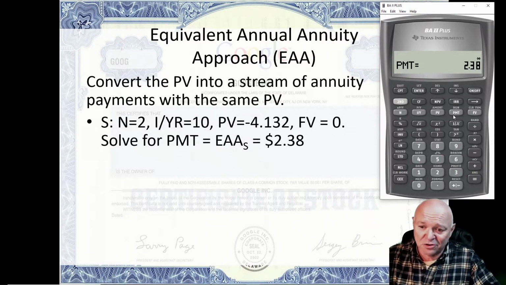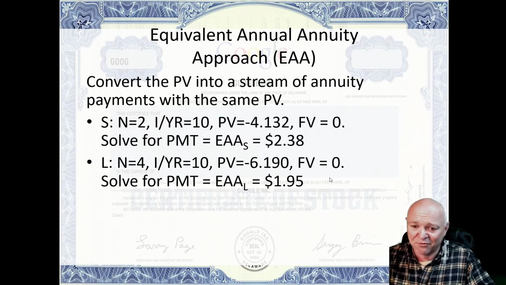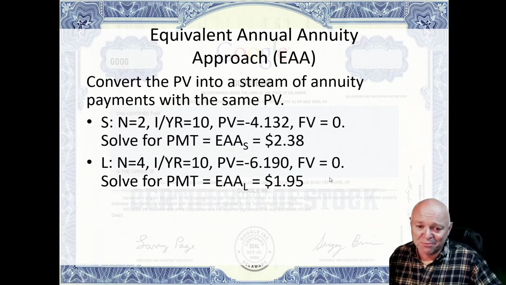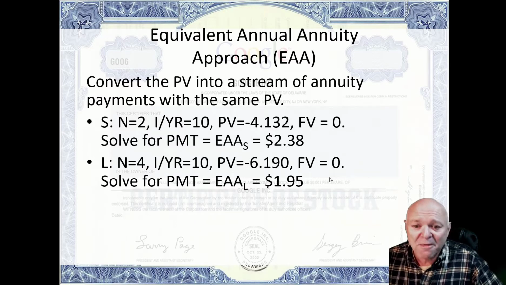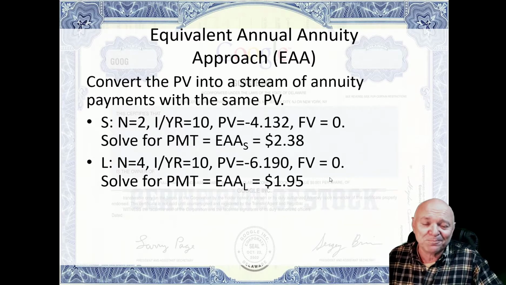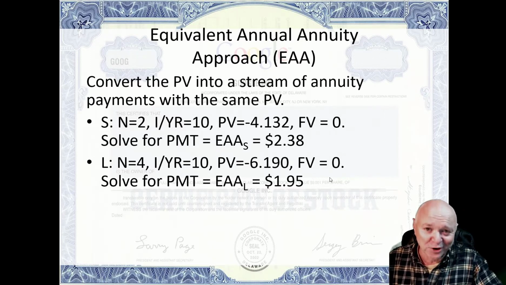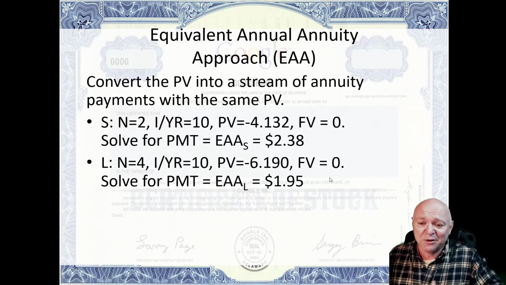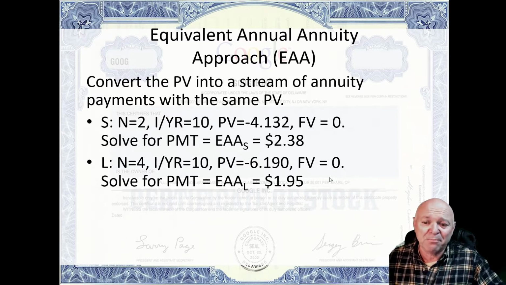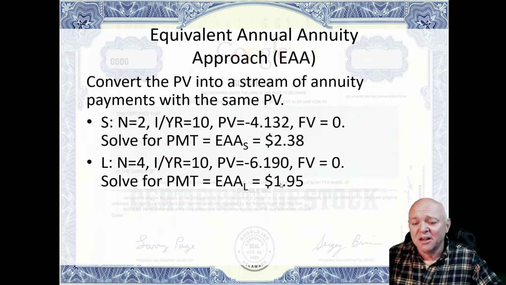We can do the same thing again for our second project, Project L. And remember, that was the all-electric vehicle, which would last for 4 years, and it would provide us with a bigger single present value of 6,190. We put that information into our calculator.